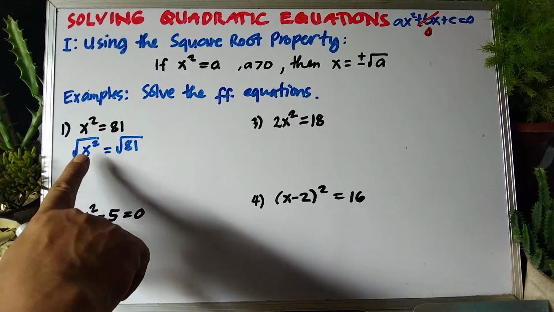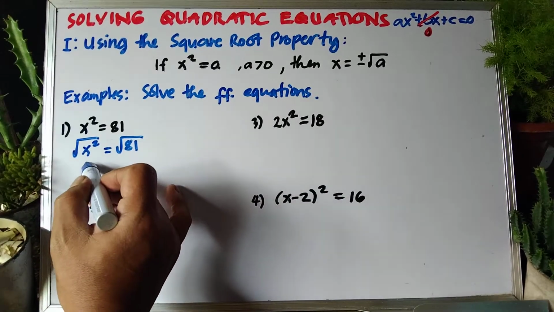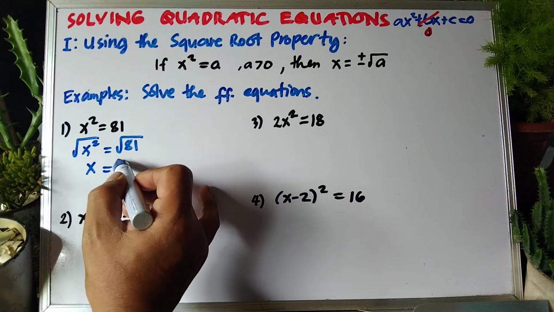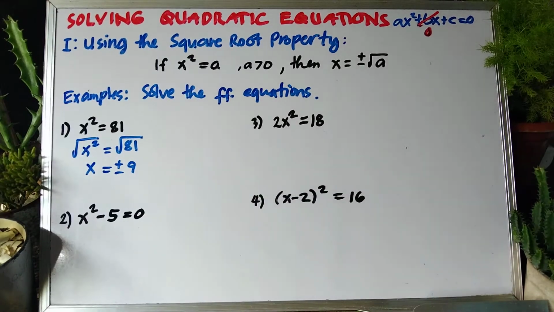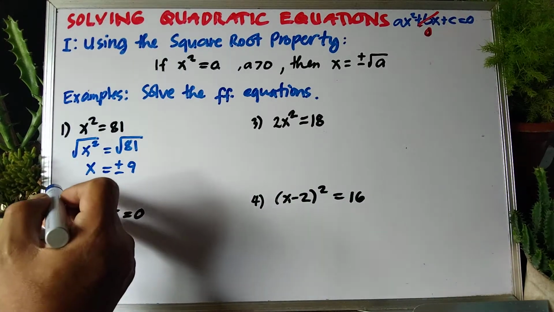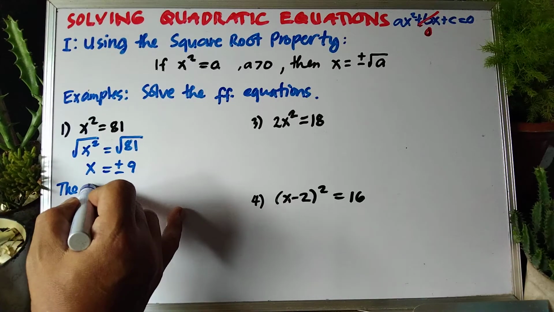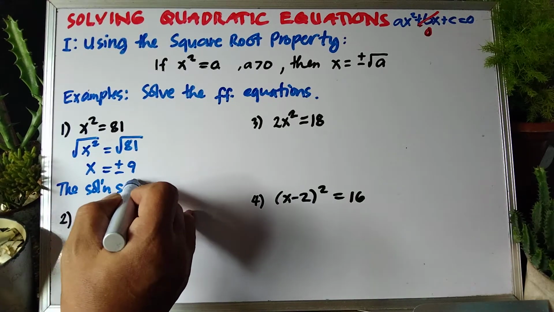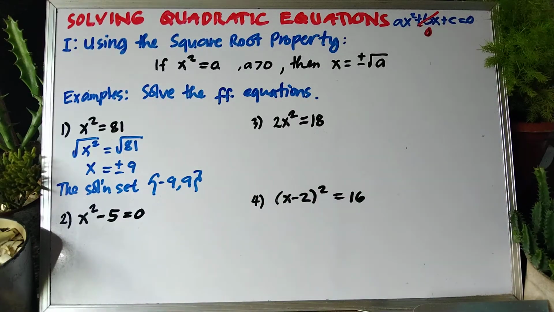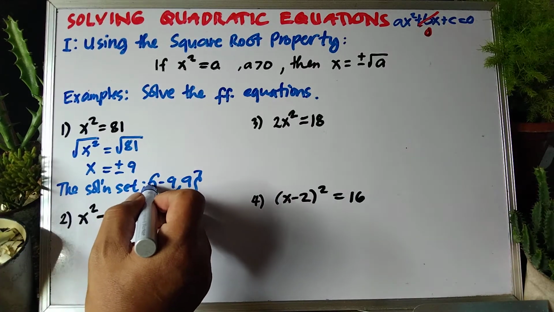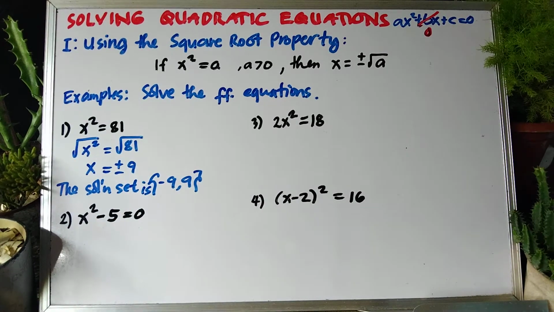So the square root of x squared is simply equal to x, which is equal to positive, negative. What is the square root of 81? 9. Simple as that. So therefore, the solution set are negative 9 and positive 9. Or the solution set is the set that contains negative 9 and positive 9.